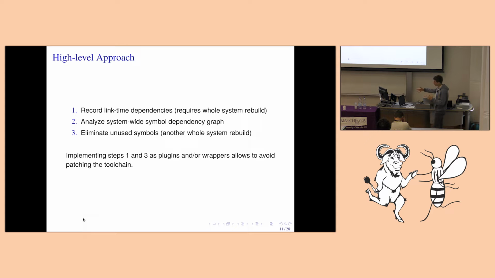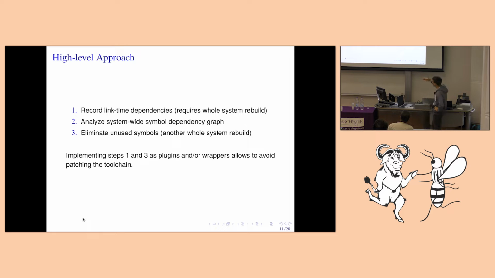So the high-level approach is to first record all the link time dependencies from each link, because the linker sees it. We can record it. Second, combine all those dependencies into one global graph, traverse it, and infer the information about which symbols are ultimately used.